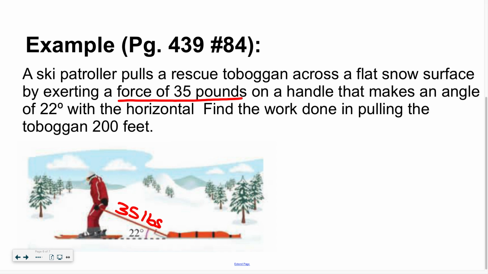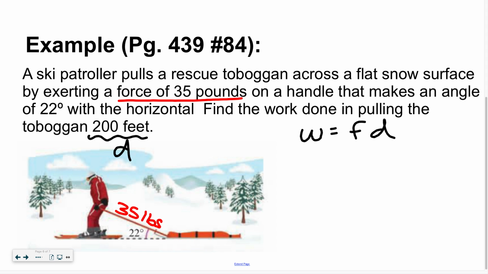We want to find the work the ski patroller is doing to pull this toboggan 200 feet. So I'm going to do work equals F times D. D is your distance or displacement: how far is this ski patroller pulling our rescue toboggan? 200 feet. So D is 200.